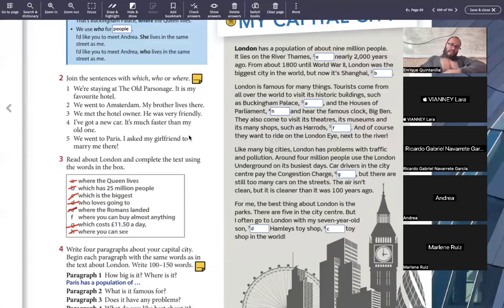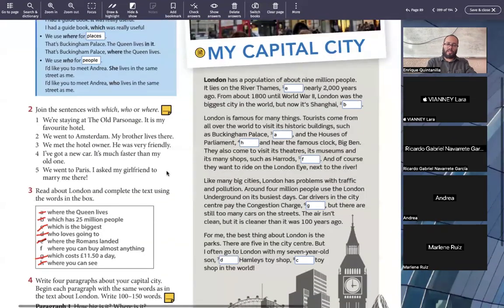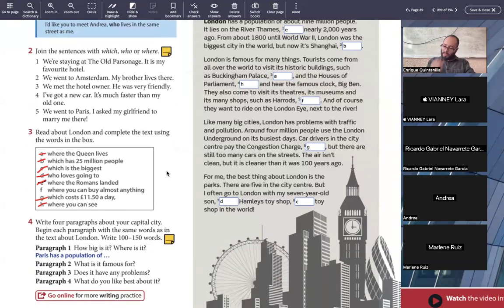So 20 minutes, guys, los 10 que nos quedan y los 10 que nos hacen falta para Zoom. ¿Vale? It's for now, yeah. So start describing your city. Focus on being similar to the text that you have here on the same page, please. ¿Vale?